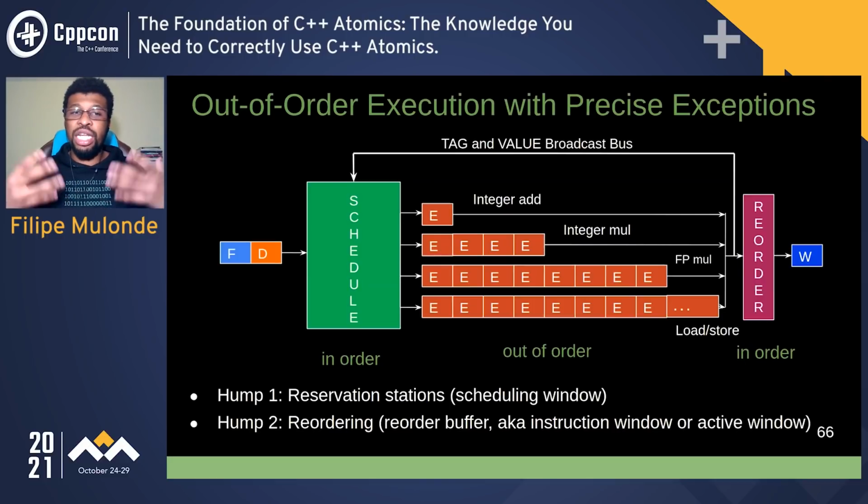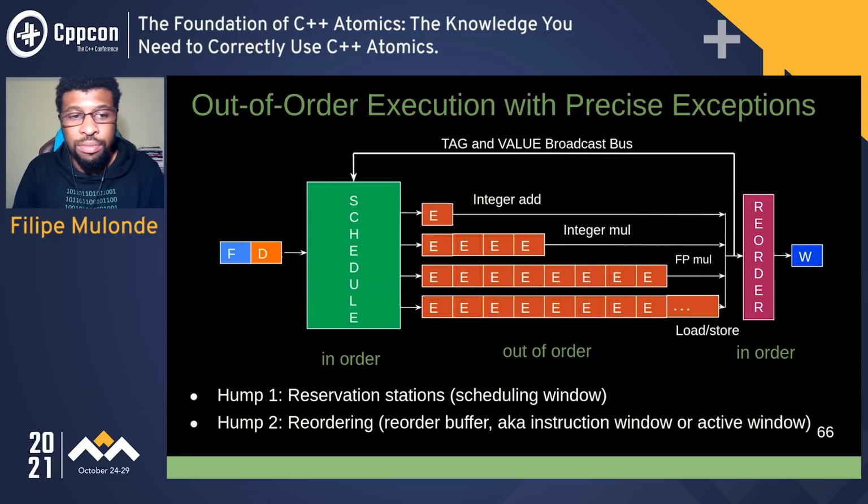Here we have another illustration of an out-of-order machine with precise exception. First, we fetch an instruction. After fetching the instruction, we move it to the decode stage. At decode stage, we allocate an entry for that instruction in the Reorder Buffer to provide precise exception.